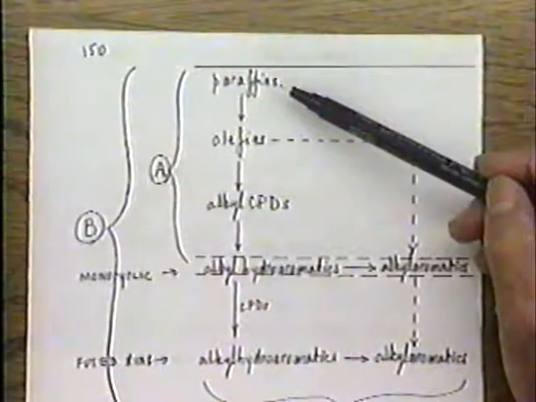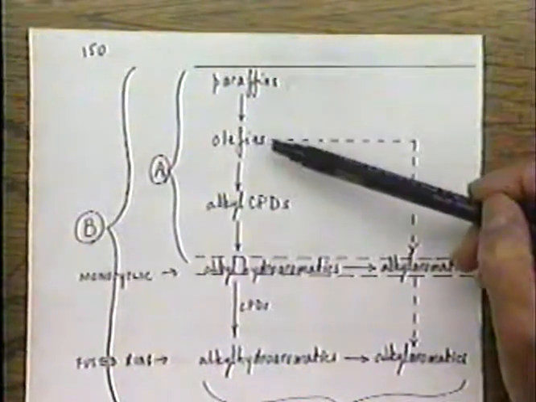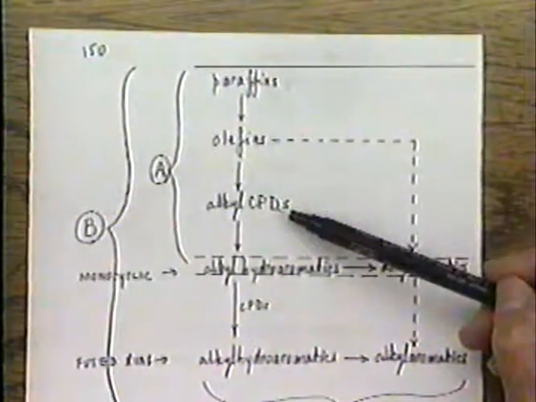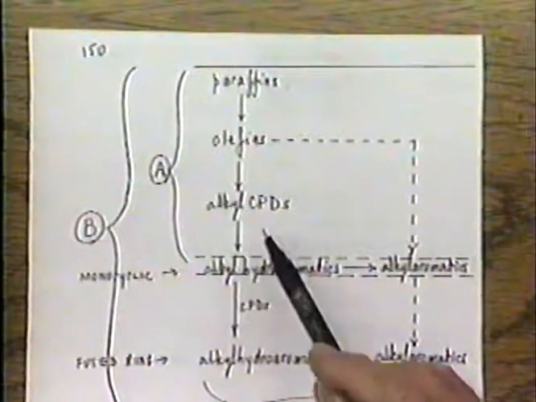But let's just go through it again here. All it says is that if you're starting with paraffins, the conversion of paraffins via olefins, via alkyl cyclopentadienes, to monocyclic alkyl aromatics and alkyl hydroaromatics, that sequence of reactions, down to that point, can occur in the pores of HZSM5. In other words, all of these materials can be small enough to occur within the pores of HZSM5.